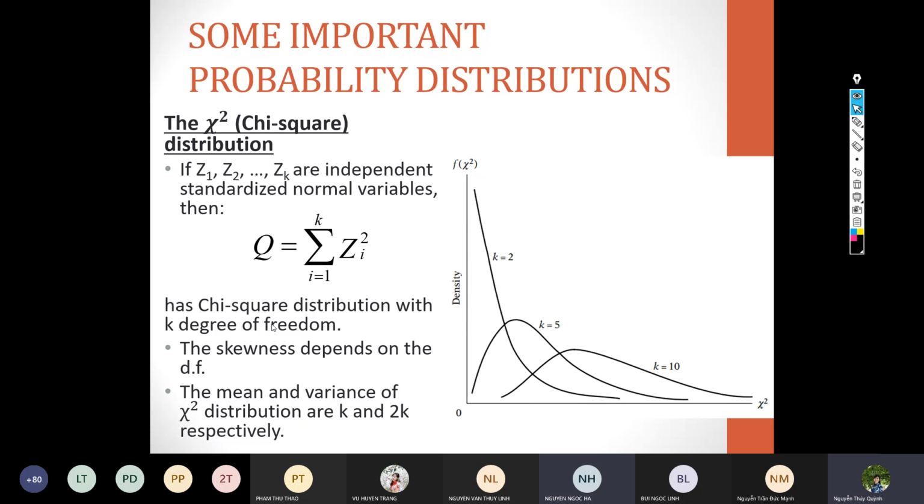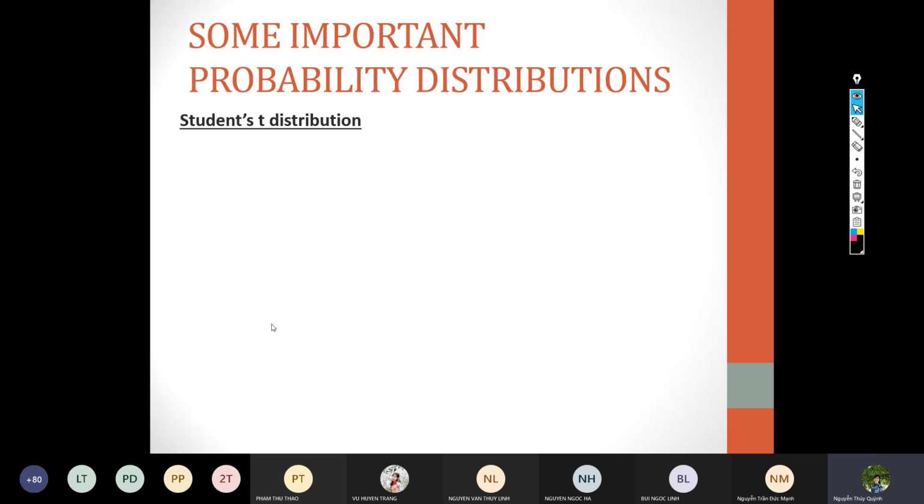Now, next, the student t distribution. We will talk about the t distribution a lot in our course.